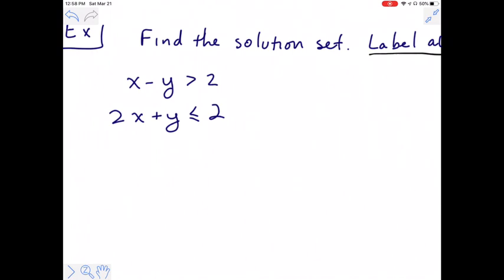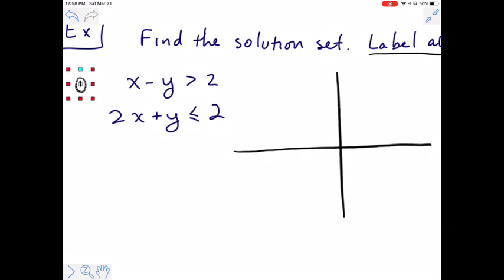So for this one, we're just going to graph both graphs in the same graph. x minus y greater than 2. We'll start with this one. So since it's in standard form, honestly, the easiest way to graph this one is going to be finding the x and y intercepts.